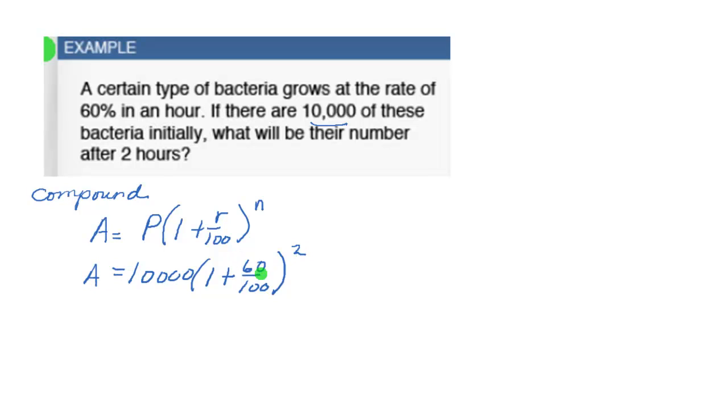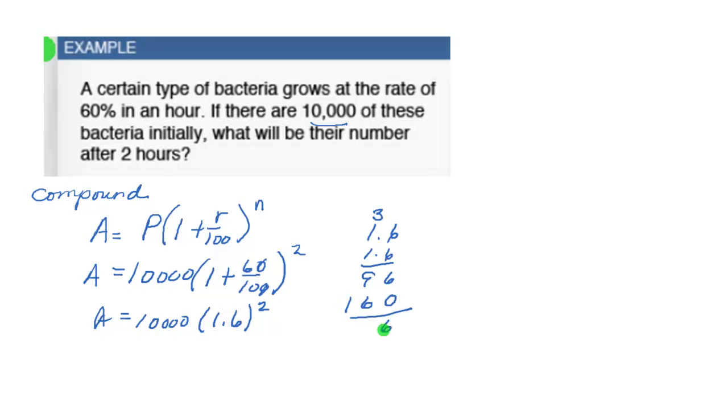So in here, I'm going to reduce the zeros to get 6/10, and so you know that's 1.6. And we have to square that, order of operations. So 1.6 squared is 2.56.